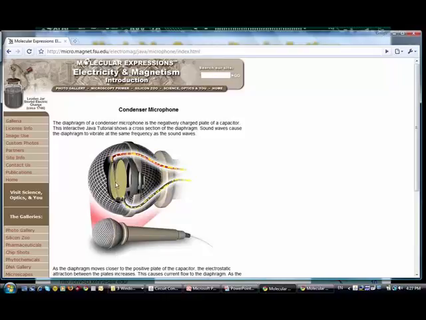So as it vibrates, the distance and the area of the capacitor are going to change. And those changes are going to affect the capacitance of the capacitor, and in affecting the capacitance, they are going to affect the electricity in this particular circuit, and that's going to translate into an electrical signal, a change in electrical signal that can be transmitted, amplified, and so on.